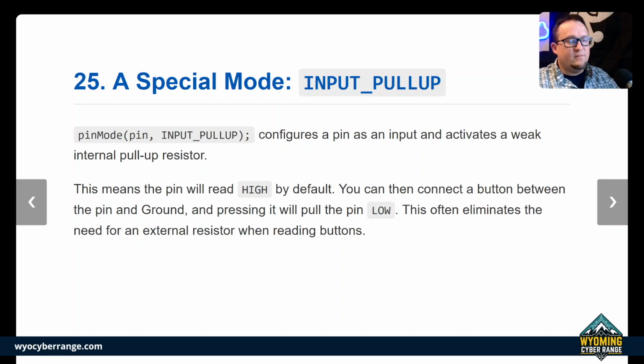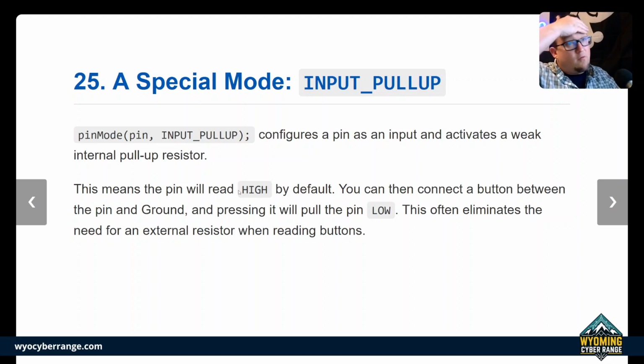But there are going to be times where a button will be high by default, and pressing that button will turn off the electricity to the button, which then makes it low. So as a pull-up, we need to make sure that we can tell it that. And you'll see this in today's lab, okay?